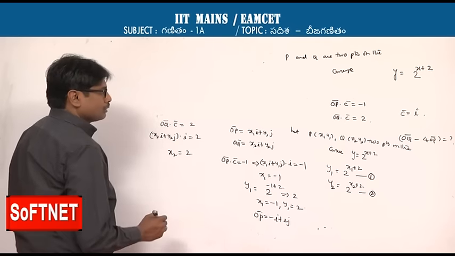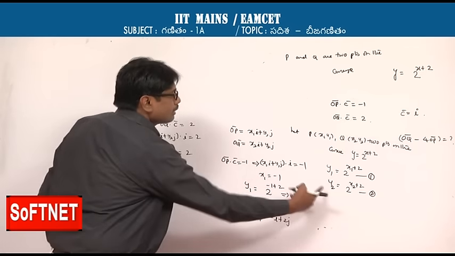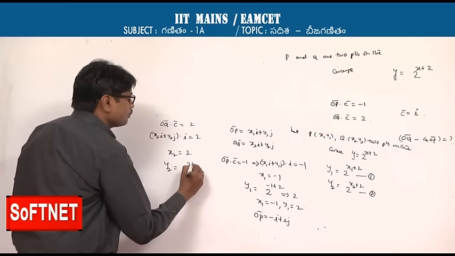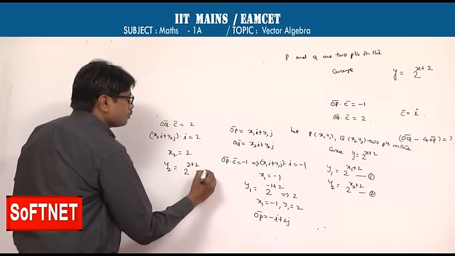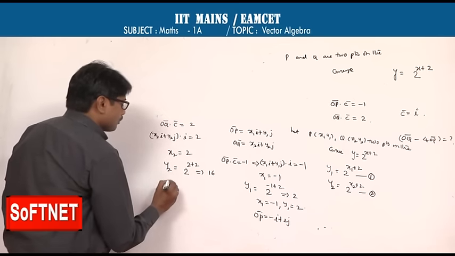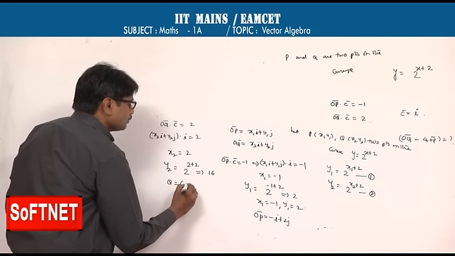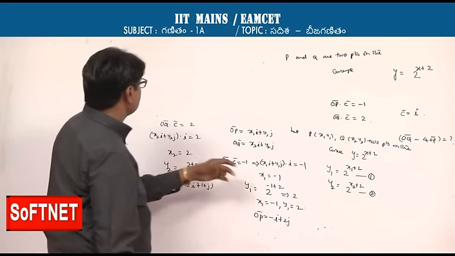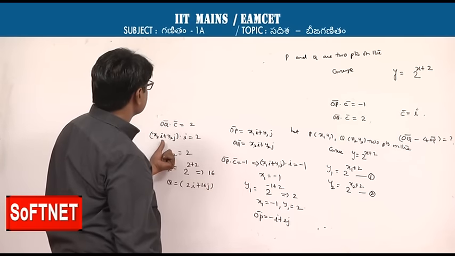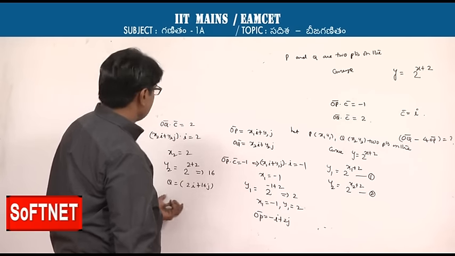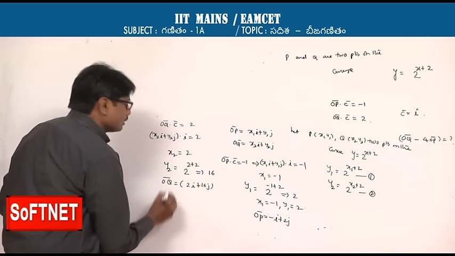So x2 is equal to 2, in the second curve equation లో సబ్స్టిట్యూట్ చేస్తే y2 is equal to 2 to the power of 2 plus 2, that is 2 power 4. 2 power 4 is nothing but 16. So the point Q will be 2I bar plus 16 times J bar. ఇప్పుడు మన దగ్గర OQ bar ఉంది, OP bar ఉంది.